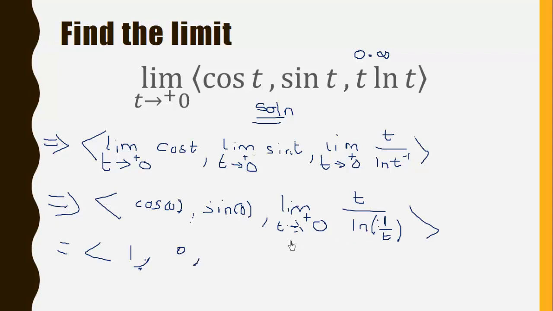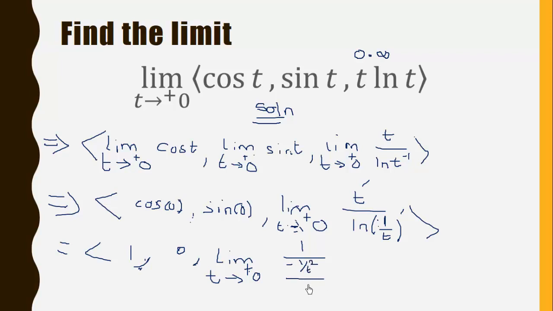Then from the L'Hopital's rule, this is the same as the limit as t approaches 0 from the right of the derivative of this over the derivative of this. The derivative of ln t will give us 1 over t, and the derivative of the function over here will give us -1 over t squared.